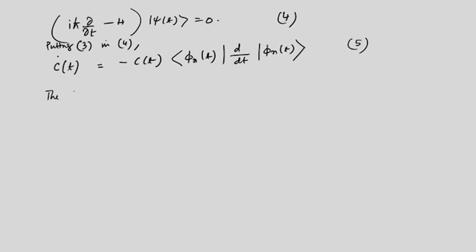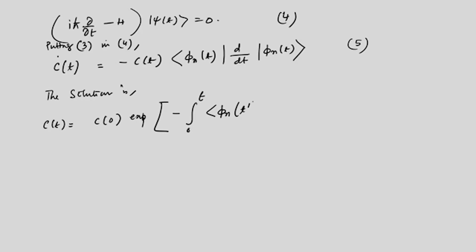The solution is obtained as, so C of t equal to C of 0 exponential minus integral 0 to t phi n t prime d dt prime phi n of t prime dt prime.